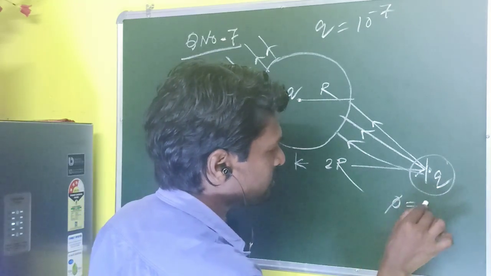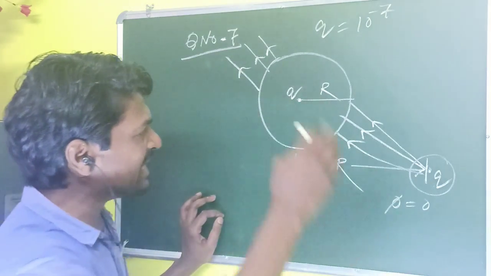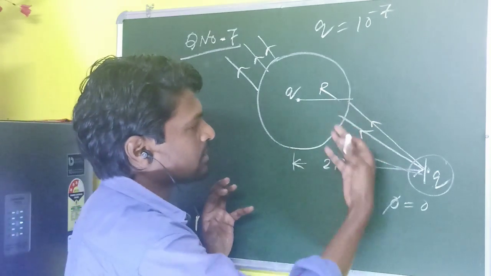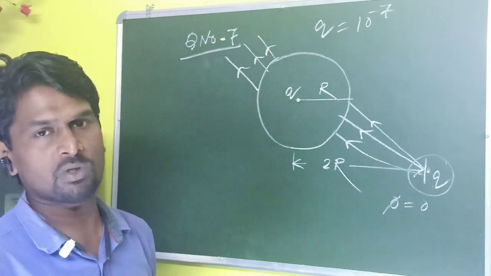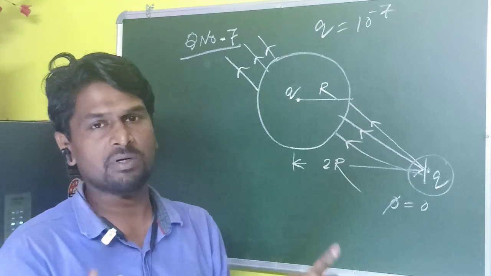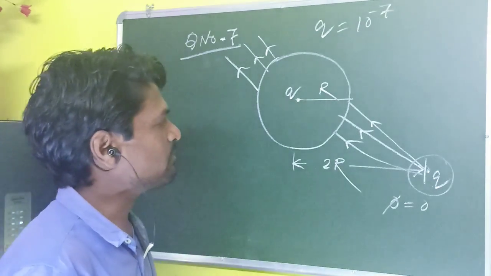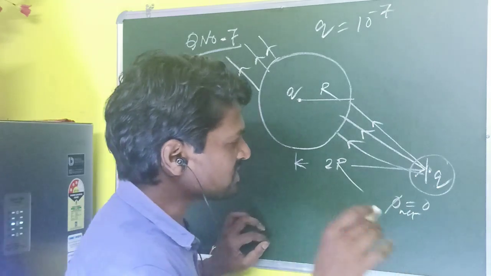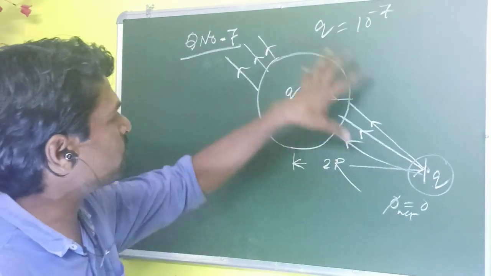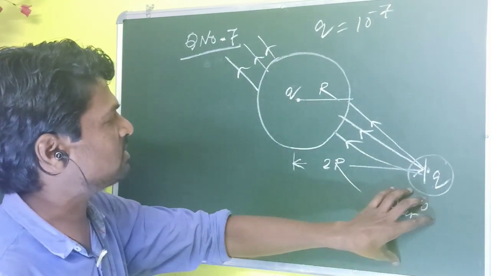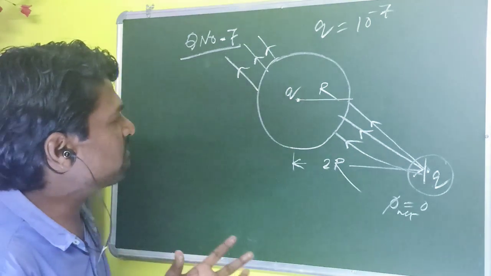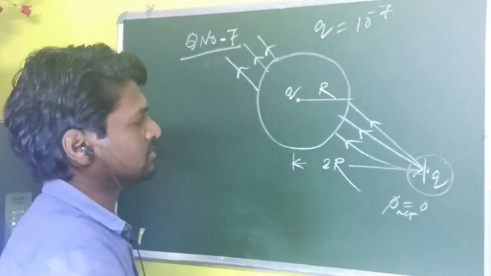If the question asks for the flux going into or entering the surface, then a particular answer is given. But if the question asks for the net flux through the closed surface, then the answer is 0.